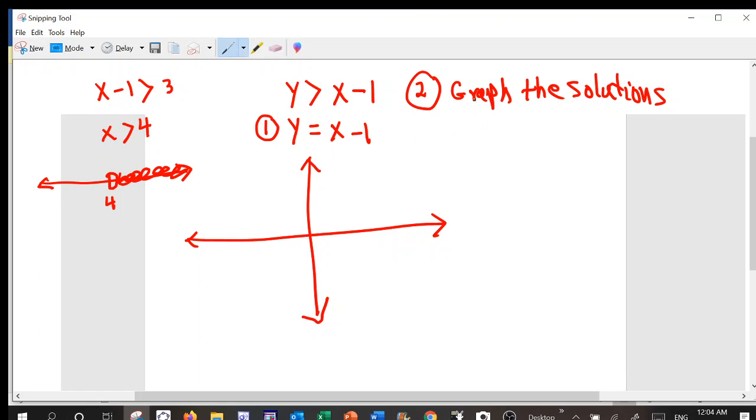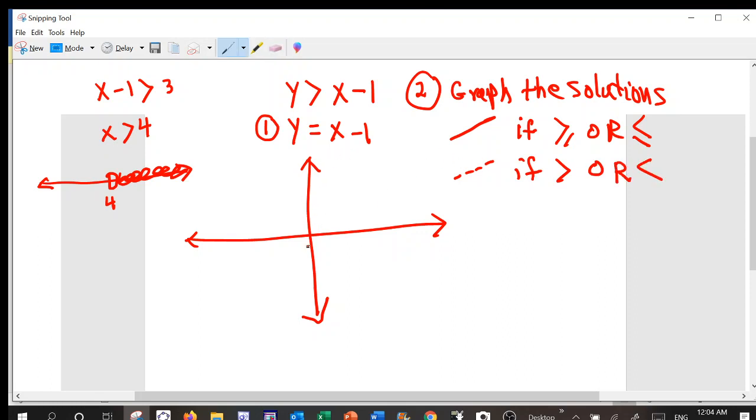Now, graph with a solid line if equality is included here, if we have this or this. And graph with a dotted line if we have this or this, right? That's it. That's step 2.